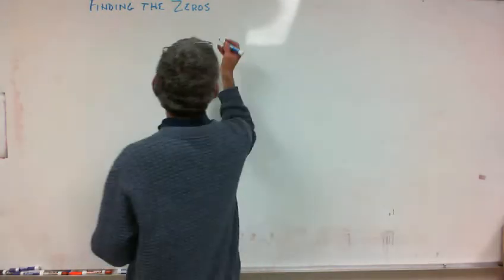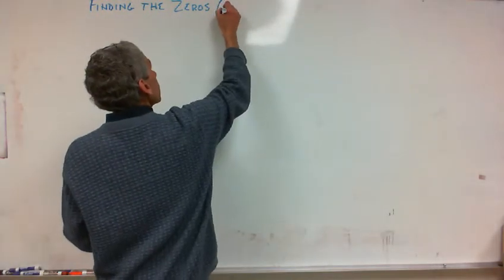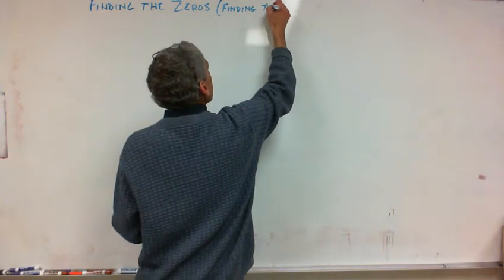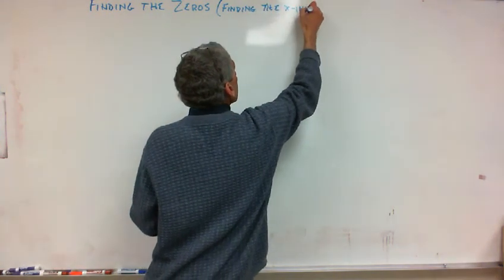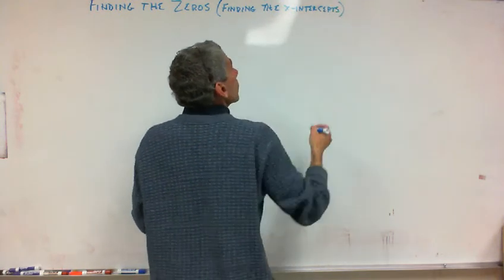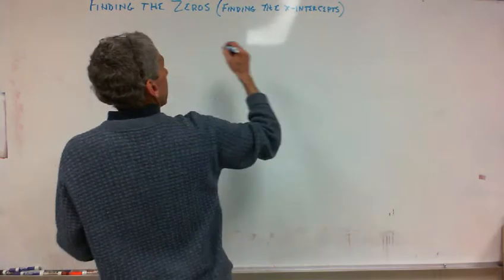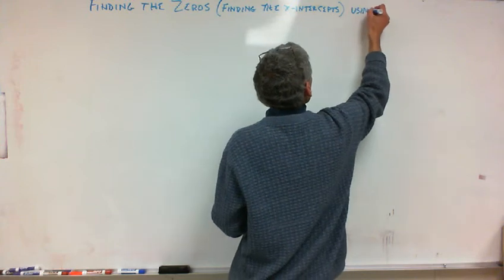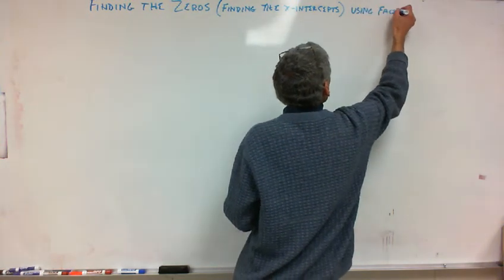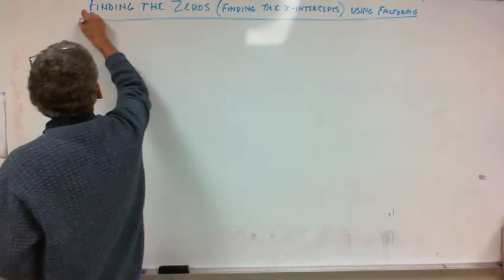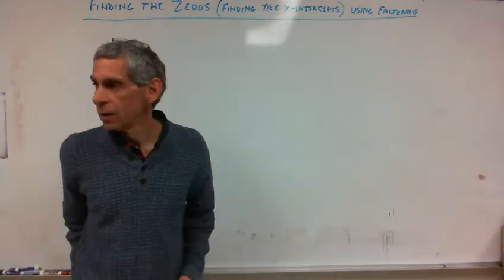Finding the zeros really means finding the x-intercepts, using factoring. It's a long title, yes, because I want it to be clear.